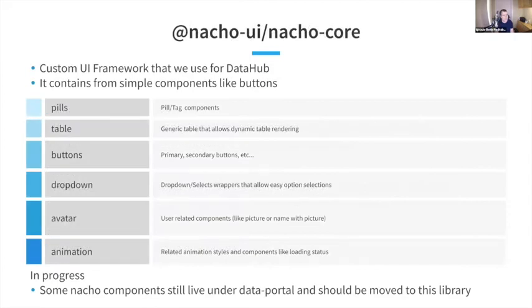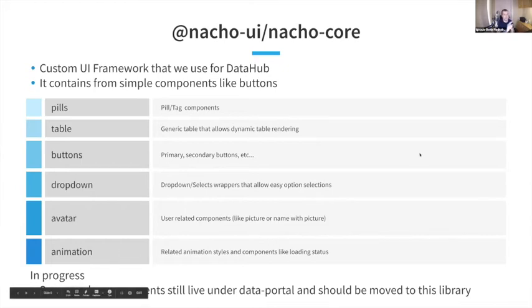Then when we go to Nacho UI, that's a UI framework. It's like any other UI framework, but it's custom built with love inside LinkedIn. Right now it has pills, tables, buttons, a dropdown, an avatar, which is like the user component, a rounded picture with a name, and some animations.